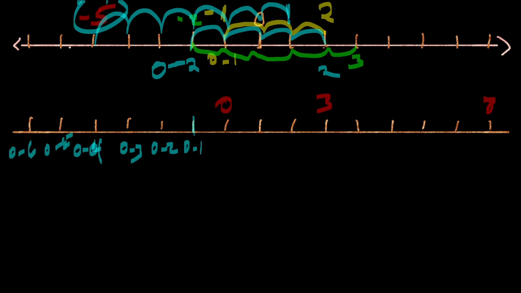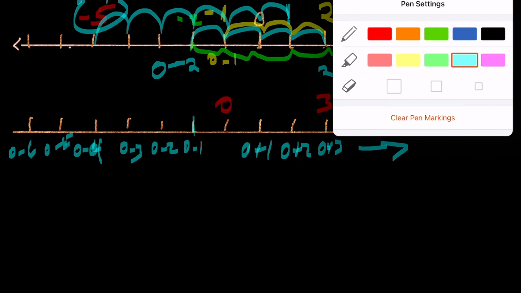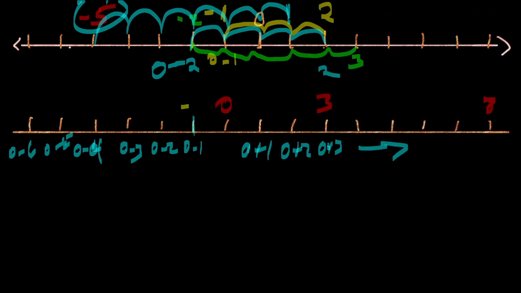Just like we wouldn't write on the positive side of the number line 0 plus 1, 0 plus 2, 0 plus 3, and so on. That would be way too cumbersome to write all the time. So the way that we write this is -1, -2, -3, -4, -5, -6.